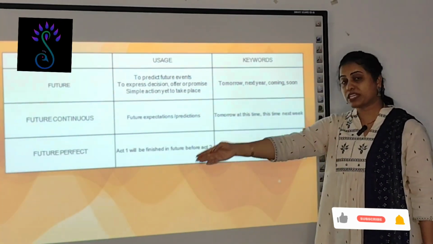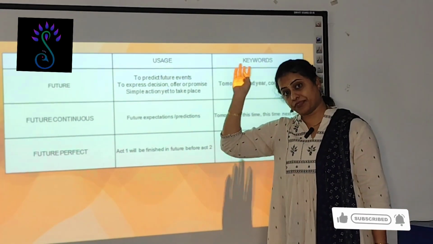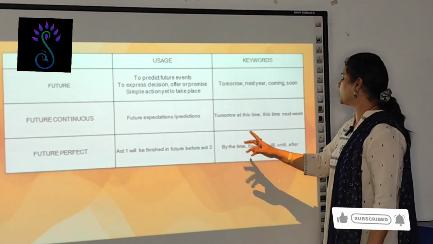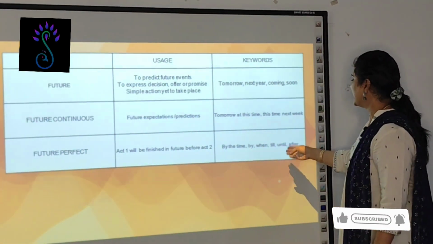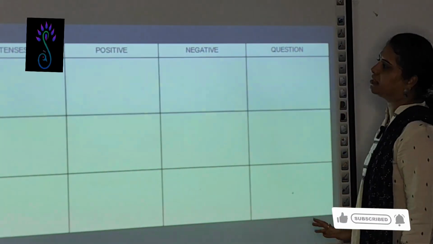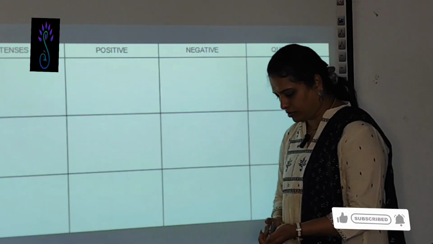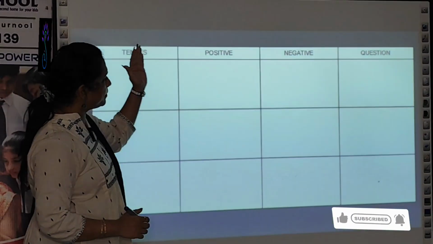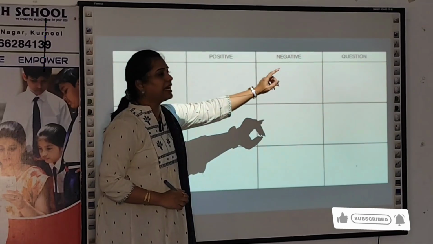That is future perfect. Okay, keywords are by the time, by, when, till, until, after. So I think I am clear. Now we'll see the tenses and how you can write in positive, negative and question.